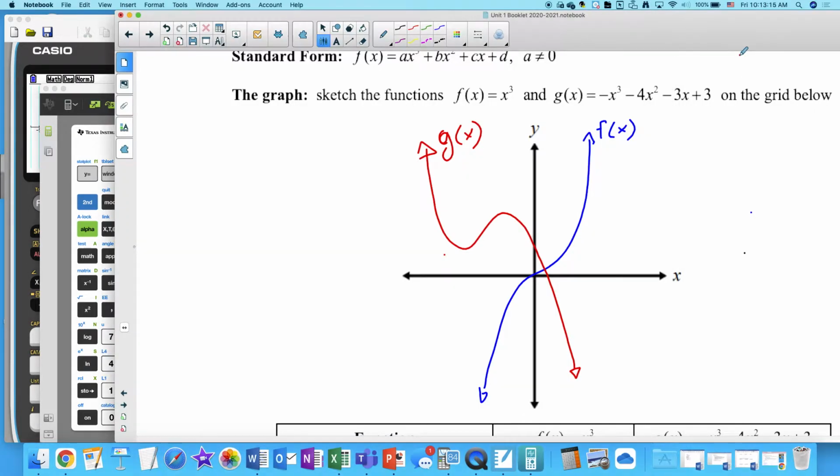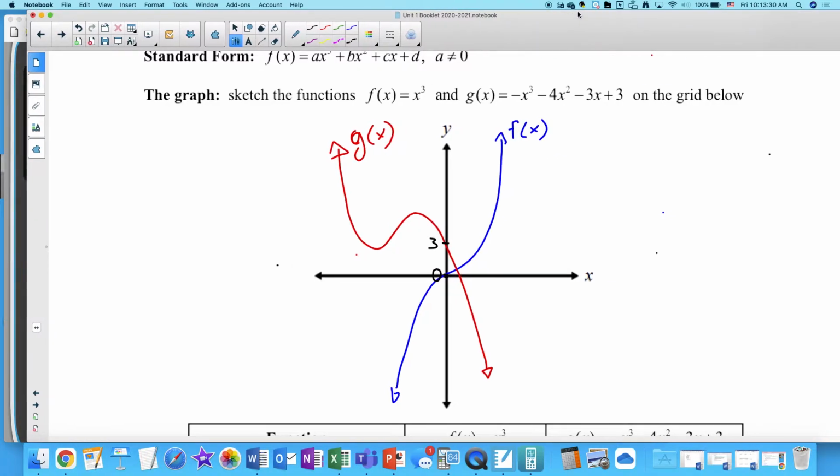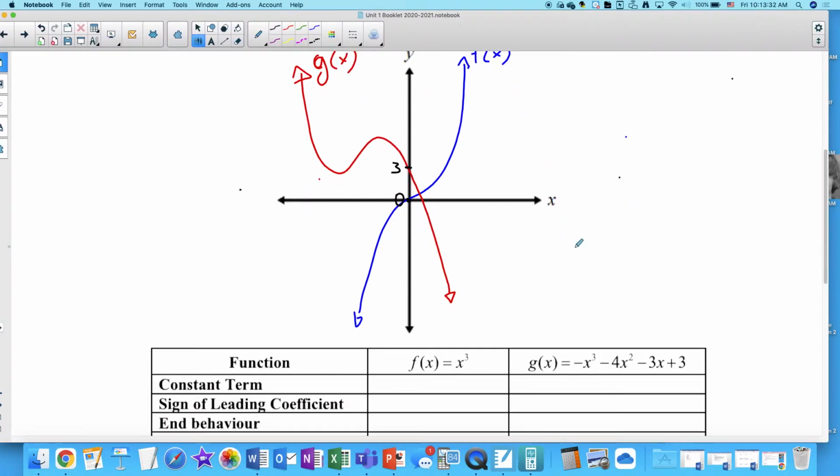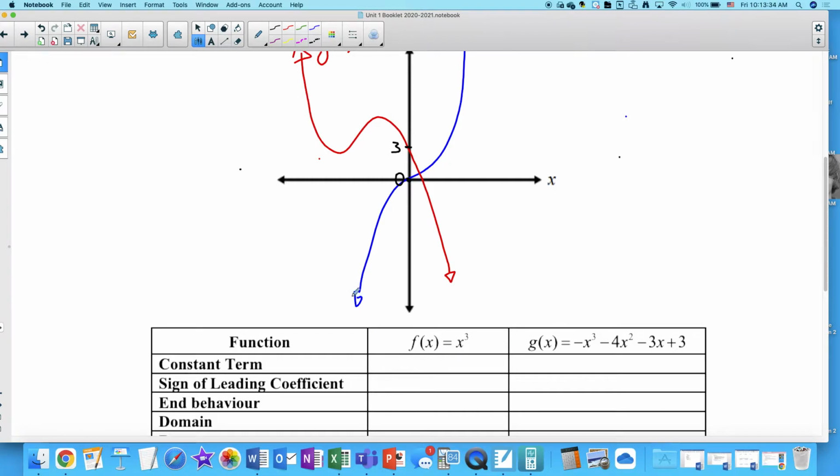So this over here is 3. And this over here, obviously, is 0. Okay, and then we're just going to try and see if we can pick up a few trends. So for f of x, for the blue graph, what is the value of the constant term?